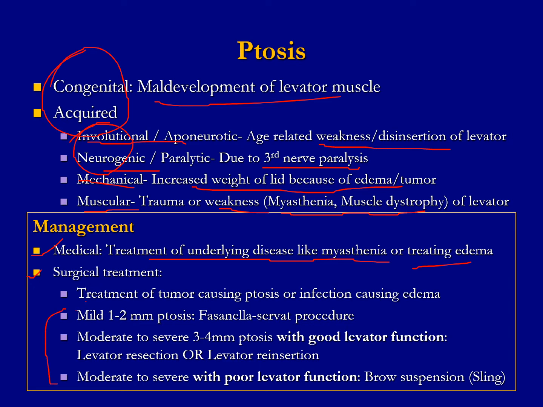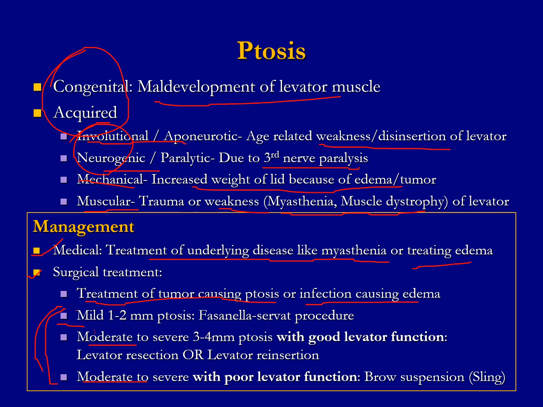First of all, treatment of the tumor causing the ptosis. It is not very common for a tumor to cause ptosis, but whenever it is, you can treat the tumor, or you can drain the abscess at times, and that can resolve the ptosis. Most common is involutional, and involutional can be mild or moderate to severe.